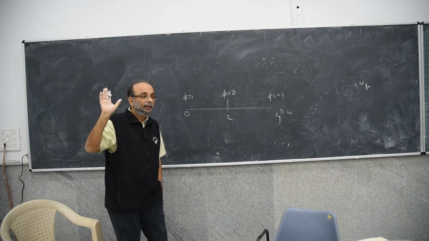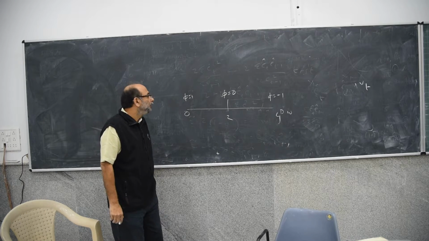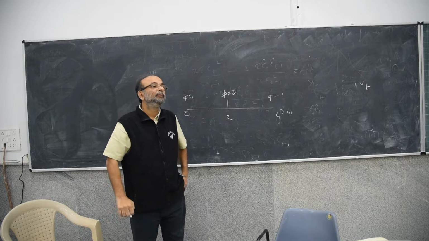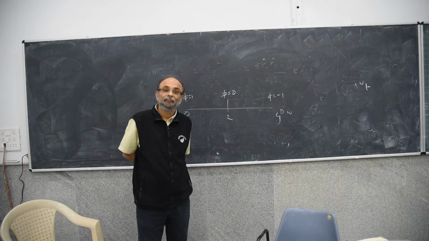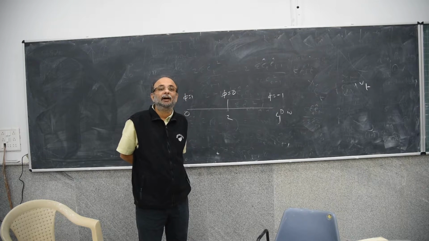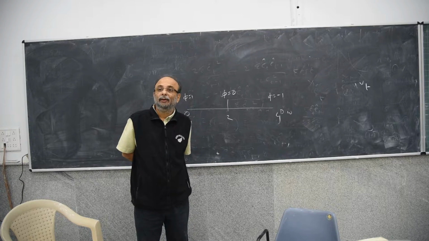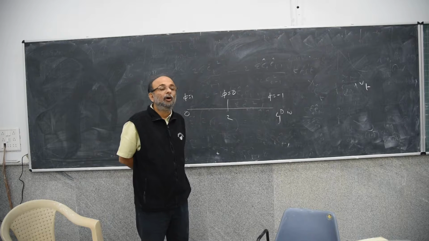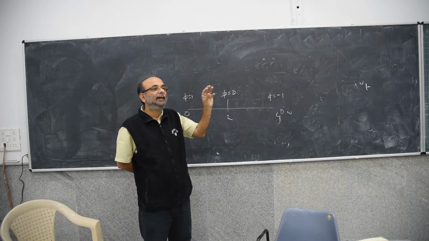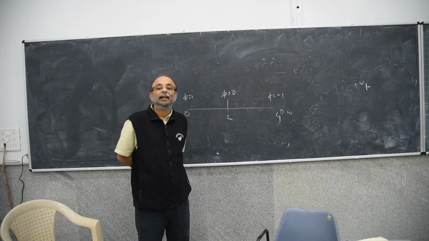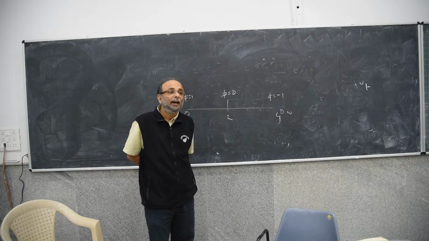Everybody gets this? Now suppose you regress Yt on Xt, get E hat t, then form the sum 2 into 1 minus rho hat. That is, you find E hat t, you find E hat t minus 1, calculate E hat t into E hat t minus 1, divide by E hat t minus 1 square, and do all the things that are required.